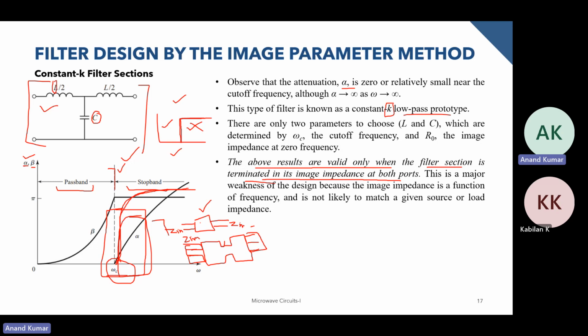Then if you want to match it to the other part of the circuit, and that has 50 ohm over here, then in between you can use a quarter wave transformer over here, and another quarter wave transformer over here, and then match it to the 50 ohm.